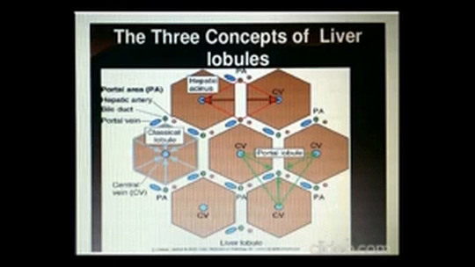Here the triad is formed by the portal vein, bile duct, and hepatic artery, which is away from the central vein of a hexagonal lobule. All these are different physiological, anatomical, functional lobules. Then the hepatic sinusoids and the hepatic plates.